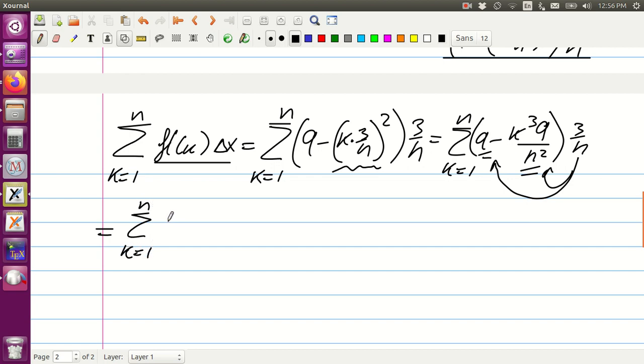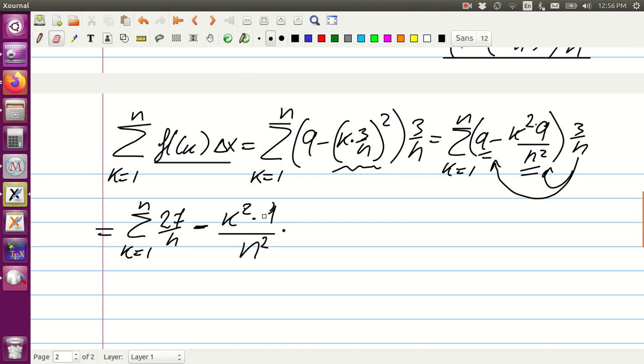So we have 3 times 9, which is 27 over n. Then we have a minus, and then we have, I wrote k cubed, it's a mistake, should be k squared, obviously. So it should be k squared times 9 over n squared times 3.